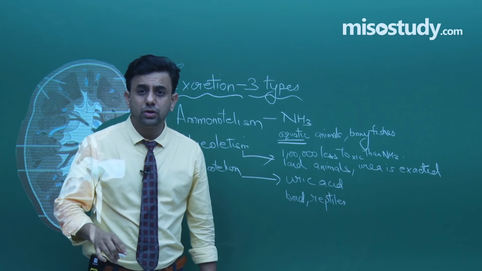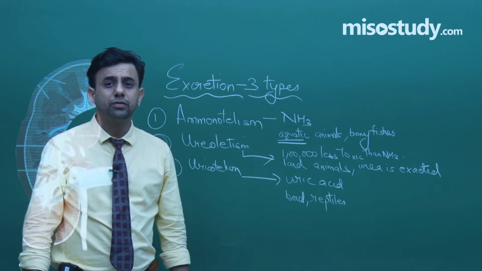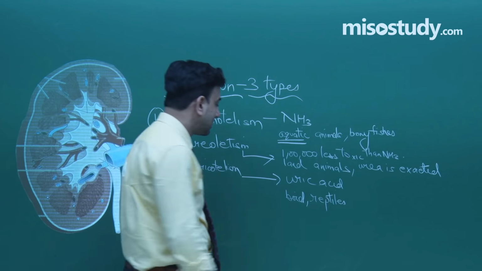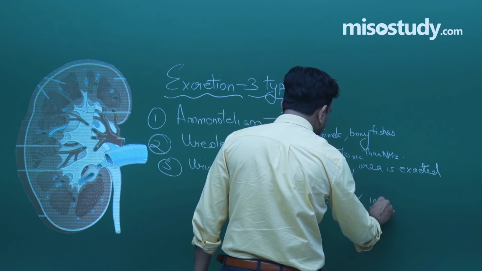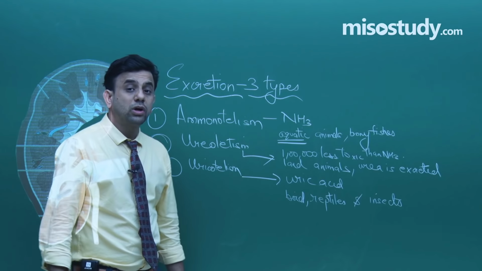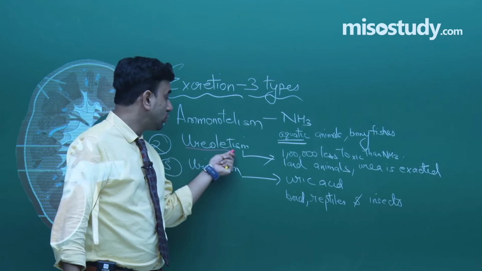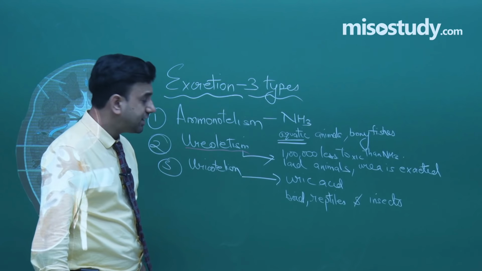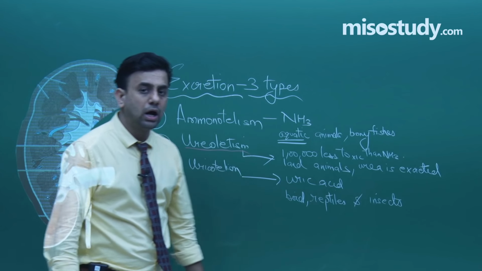Do not touch it, do not taste it. They are not very good products, they are the excretory material. And insects too. Yes, uric acid. And we have ureotelism in our body. We excrete in the form of urea.